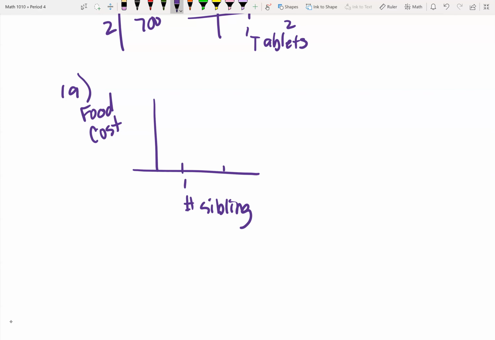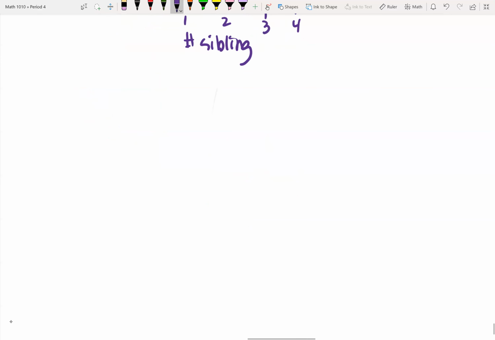So if you have 1 and 2 and 3 and 4, and the food cost per week, we're going to go 100, 200, 300, I'm just making this up. So one person is this, two persons, I'm sure that's not accurate, but you get the idea. Well, it doesn't make sense to connect because I can't have half a sibling or 1.8 siblings or something like that. So that's an example.